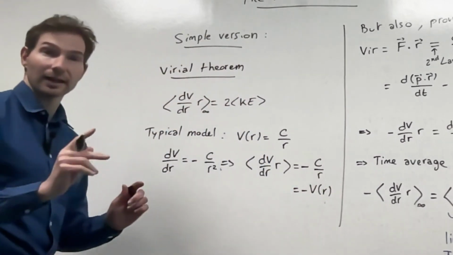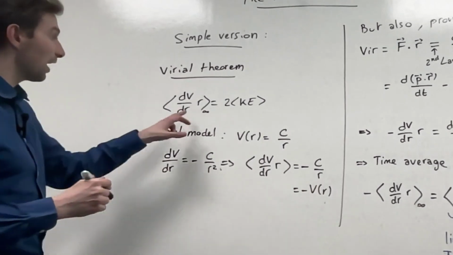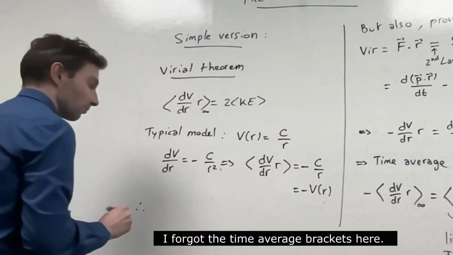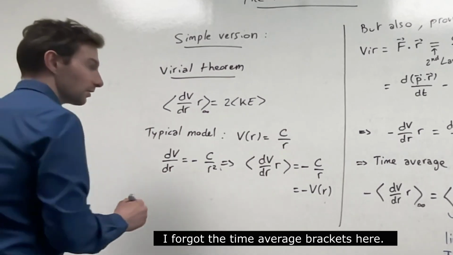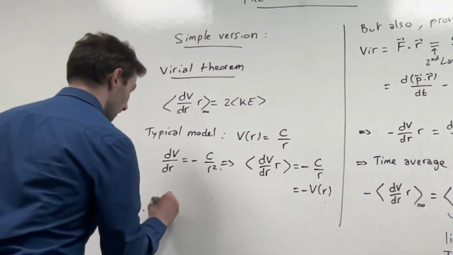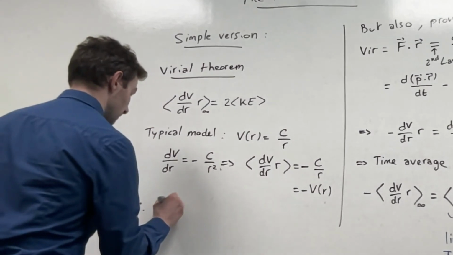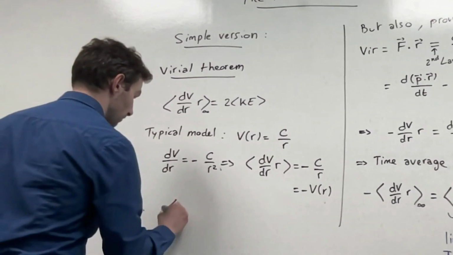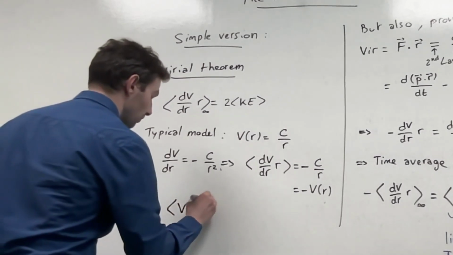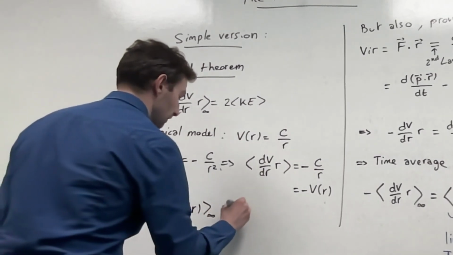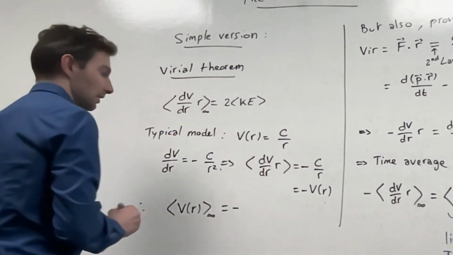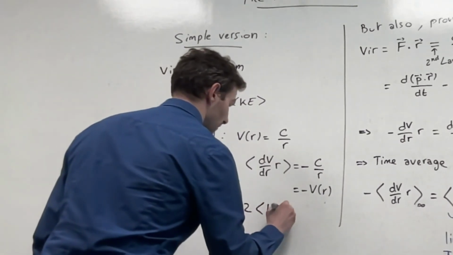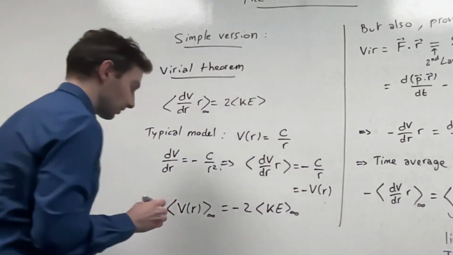So when you've got a power law, you get a more meaningful case where the time average of the potential energy is minus twice the time average of the kinetic energy.